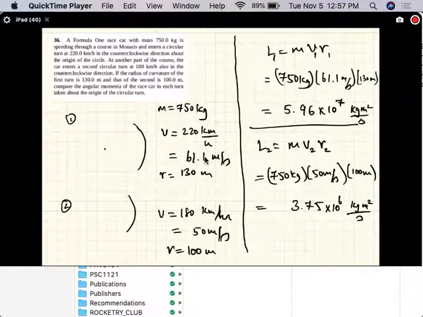All right, actually, what I'll do is put this in the same unit, in the same power. So it looks like on the second turn, the angular momentum is less than 10% of the first one.